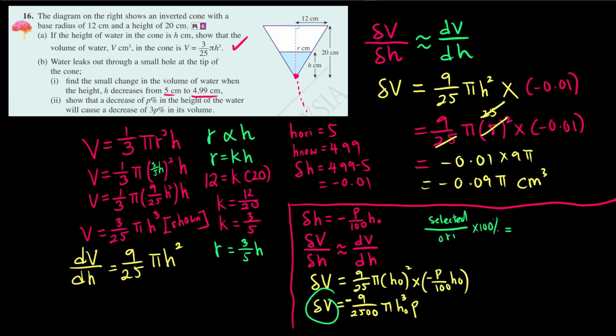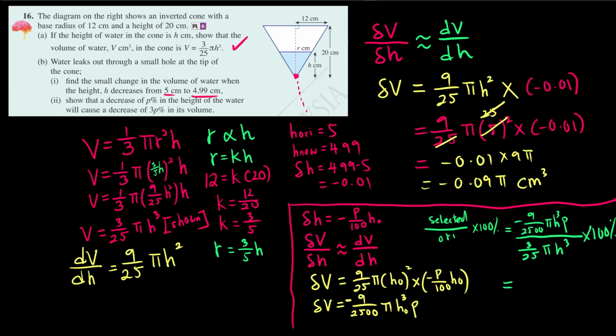So the decrease in the volume is delta V, which is represented by negative 9 over 2500 pi H cubed p, over the original. What's the original volume? It's 3 over 25 pi H cubed, times 100%.